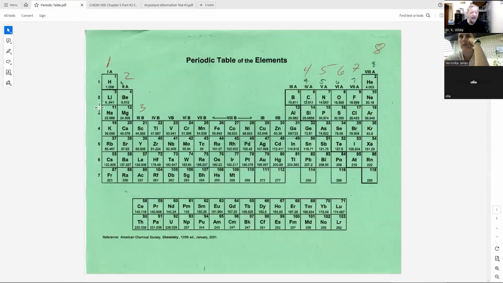And we'll need the atomic weight of sodium. To 3 significant figures it is 23.0, and chlorine, which is 35.453, to 3 significant figures is 35.5.